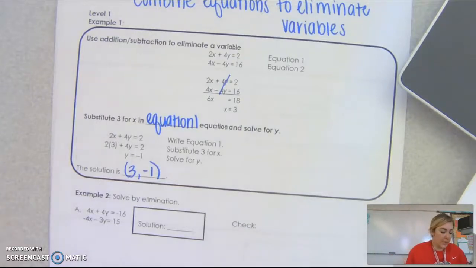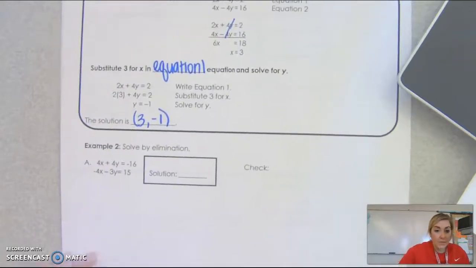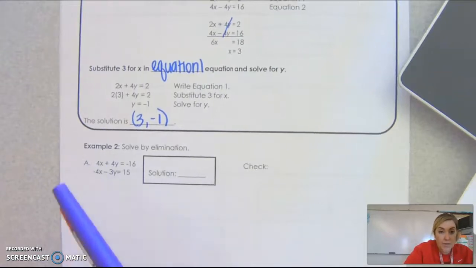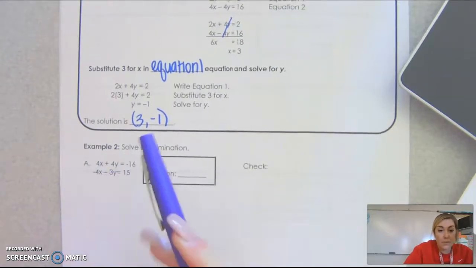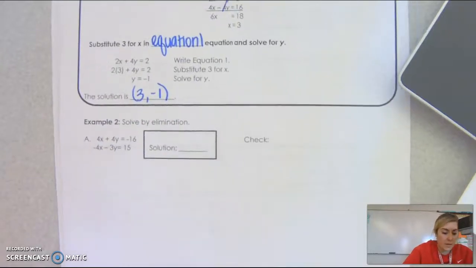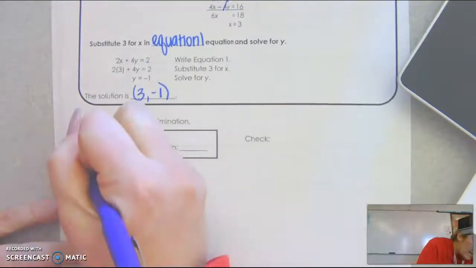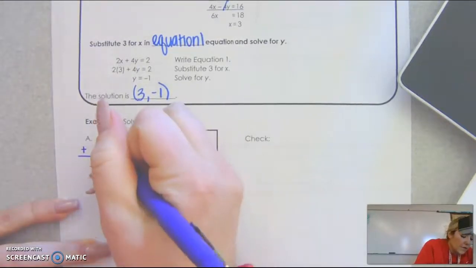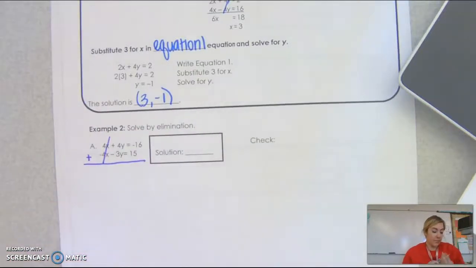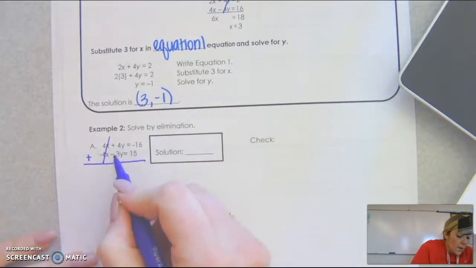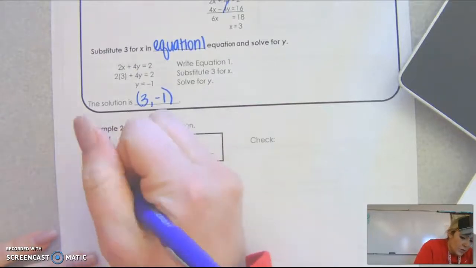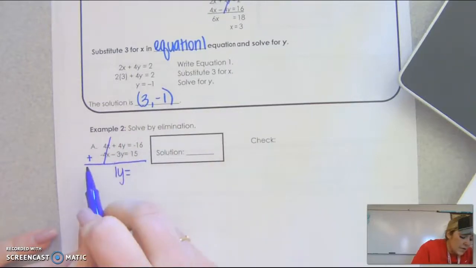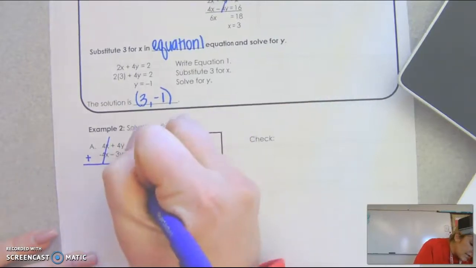So here we go. If you look at A, you notice that our x values are the same but opposite signs. That's what we want. Our y values aren't even the same, so we're going to eliminate our x values. I'm going to act like this is a giant addition problem. 4 minus 4 is 0, so our x's eliminate. 4 plus negative 3 is 1, so I have 1y equals negative 16 plus 15 is negative 1.